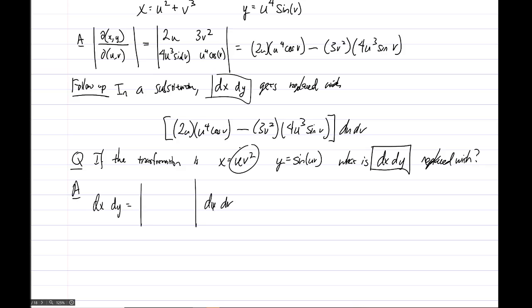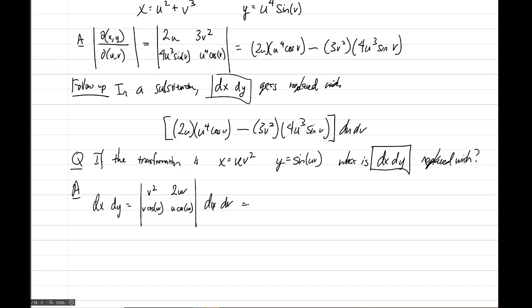So we'll look at the x formula, u times v squared, differentiate with respect to u, and you get v squared here. Differentiate with respect to v, and you get 2uv. Then take the sine of u times v formula and differentiate with respect to u and with respect to v. So we've got a chain rule thing going on, right? So how about v cosine of uv and then u cosine of uv?